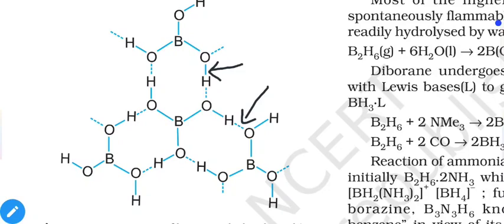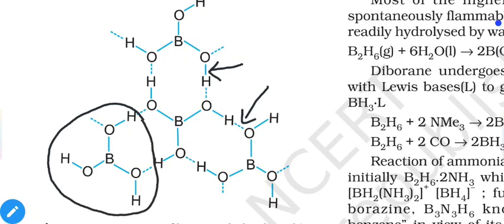In this planar structure we can see a whole B(OH)3 molecule mentioned in a circle, and each oxygen is attached with two different hydrogens, one with permanent bonding as we can see here and one with hydrogen bonding as we can see here. The same goes with hydrogen. Hydrogen is attached with two different oxygens, one with permanent bonding as we can see between these two, and one with hydrogen bonding as you can see between these two.